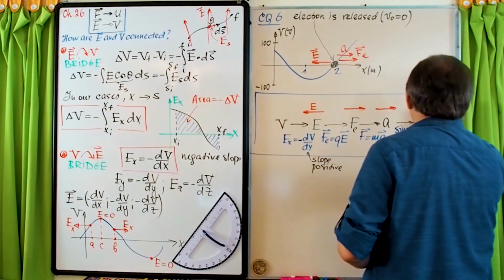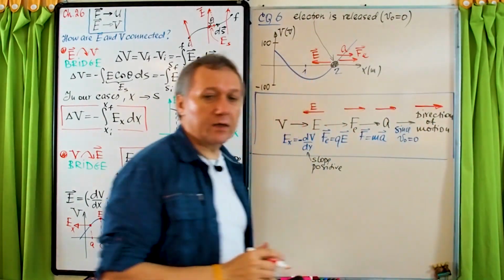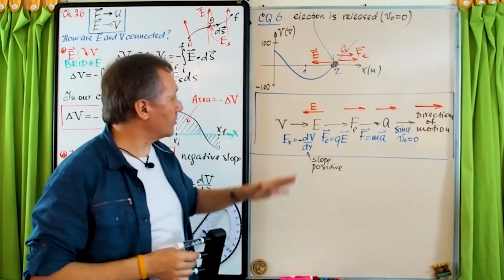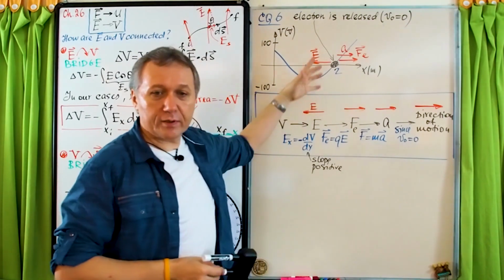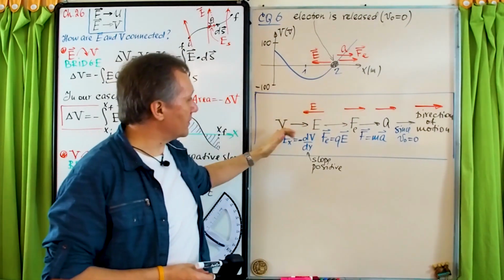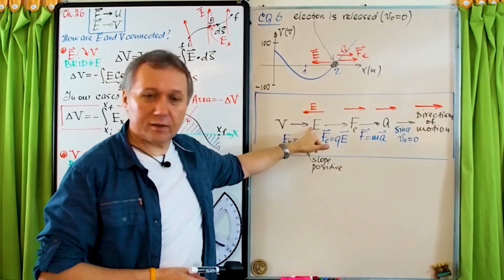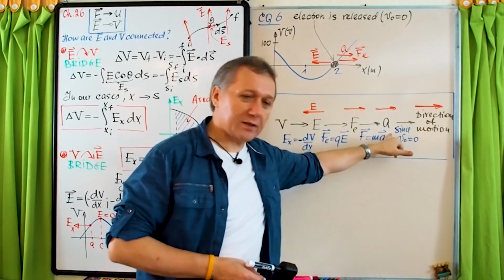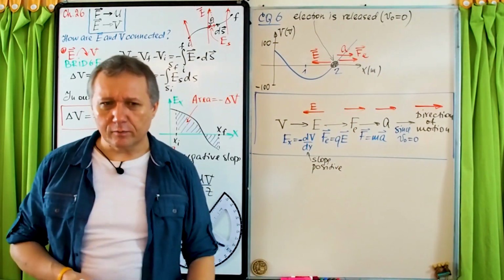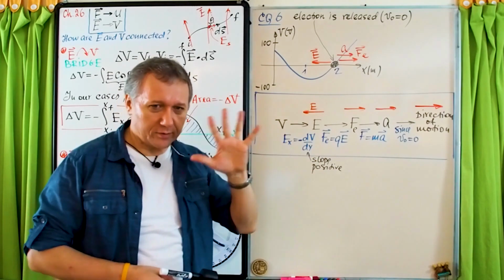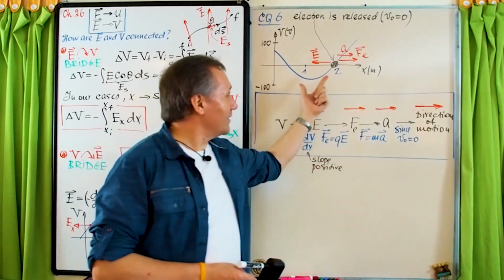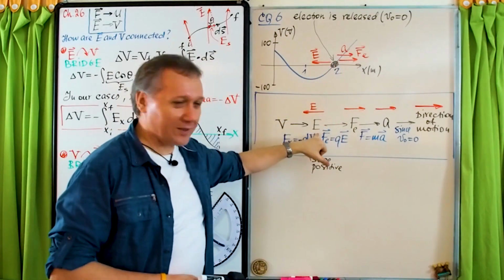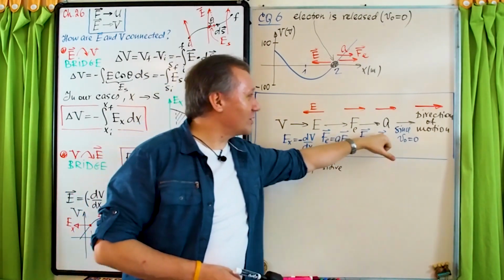Right? So motion that way with a non-zero acceleration, because originally slope is not zero. As a result, electric field not zero, force not zero, acceleration is not zero. The slope is not zero, electric field is not zero, this is not zero, this is not zero.